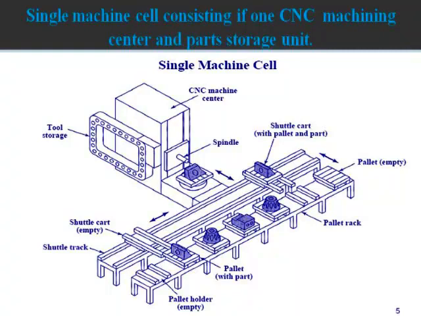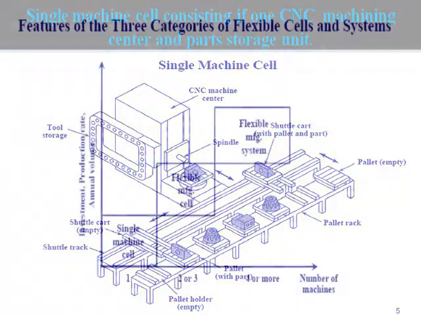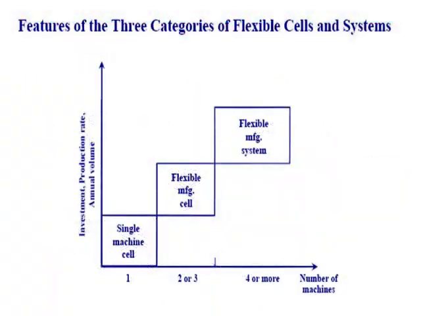Pallets along with the workpieces can be transferred from the conveyor belt to the machine, and then from the machine to the conveyor belt through the secondary material handling device. A shuttle cart, for example, is used here. Another flexible manufacturing cell is one in which 3 machines are kept side by side, connected by a conveyor system and shuttle cart. These are the features of the 3 categories of flexible cells and systems.